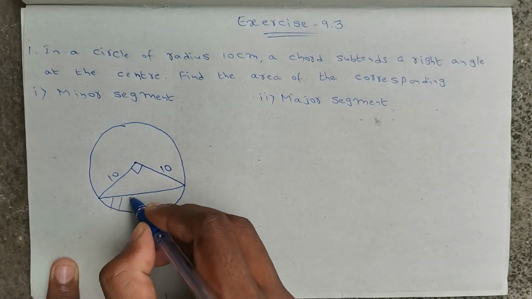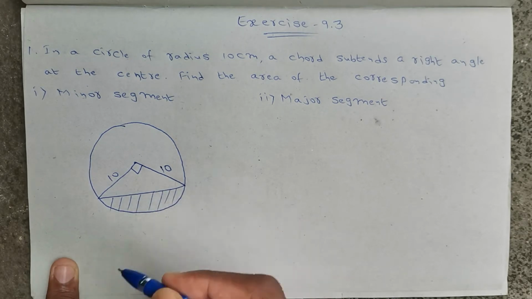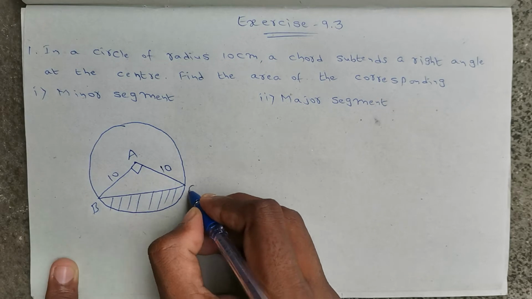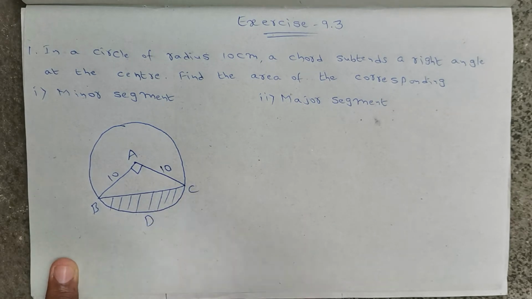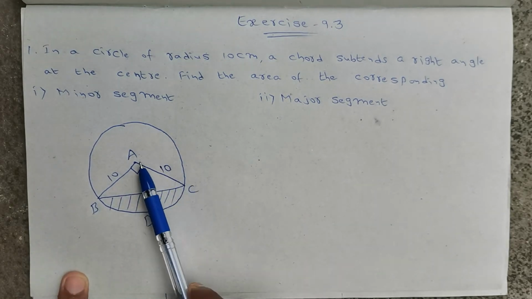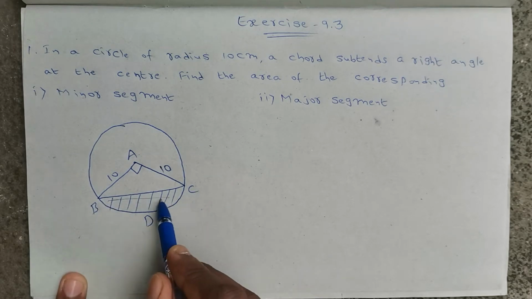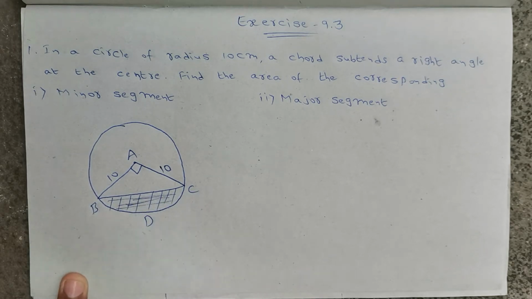So this part is the minor segment. I will write some names A, B, C and some point here D. So if we observe this BCD area, this shaded part, this minor segment area we need to find out. It's very easy.